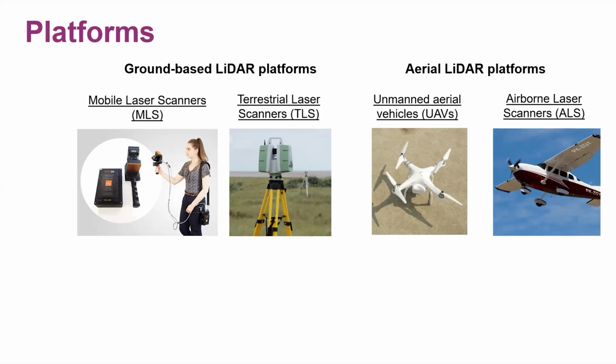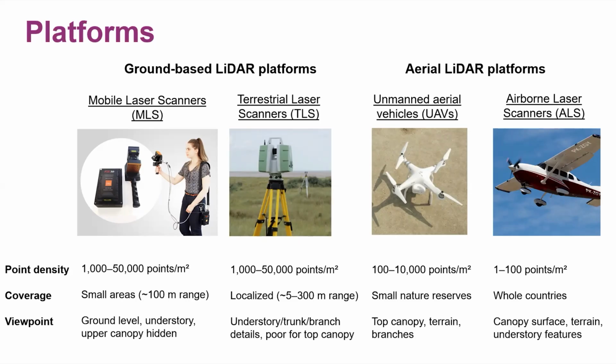Now, these platforms and the sensors differ in what they record, and there's a few general characteristics that I would like to highlight. So first of all, the point densities of these ground-based LiDAR platforms are typically much, much higher. So you can have thousands or 10,000s of points per square meter. For the aerial platforms, this ranges typically from hundreds to thousands of points.